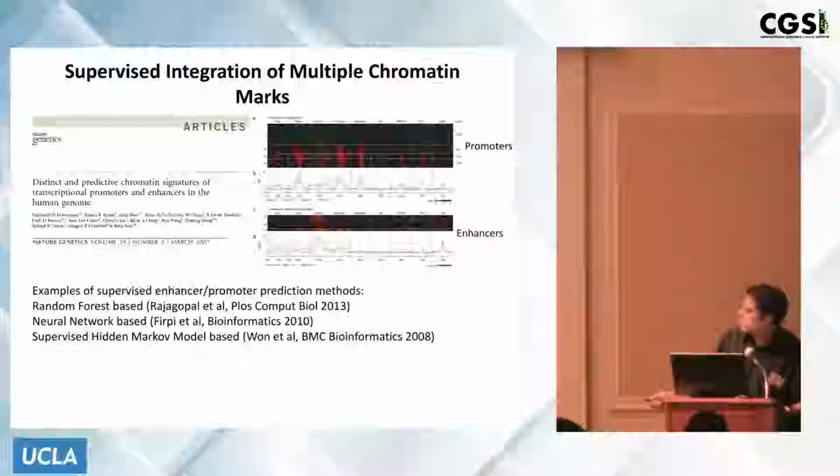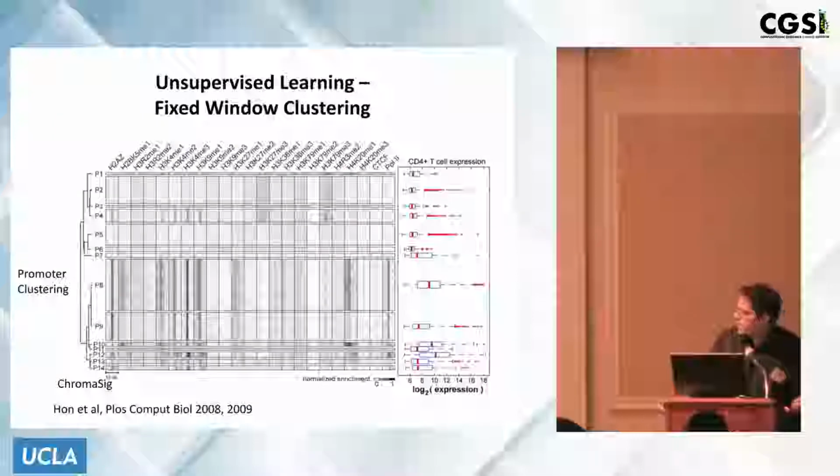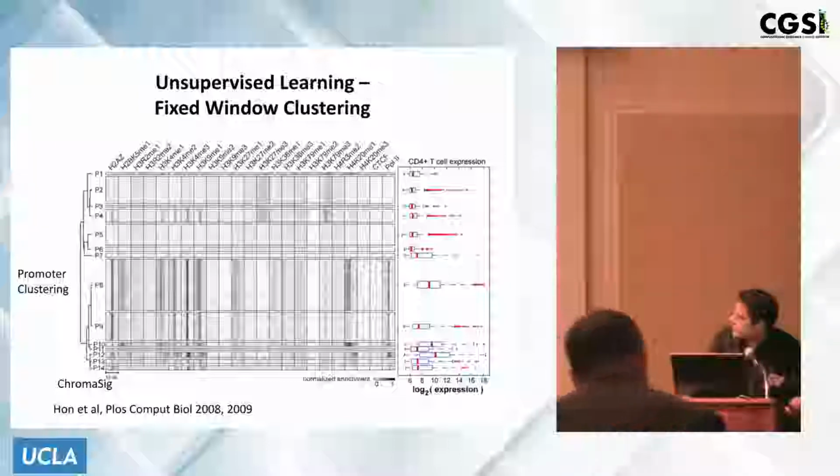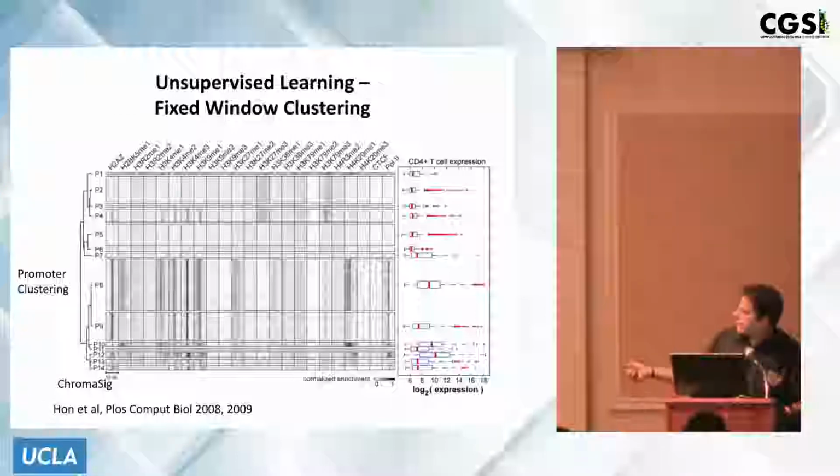Another strategy, also by Bing Ren's group with Wei Wang, was unsupervised learning, where they focused on identifying patterns in the epigenome based on clustering fixed window lengths.